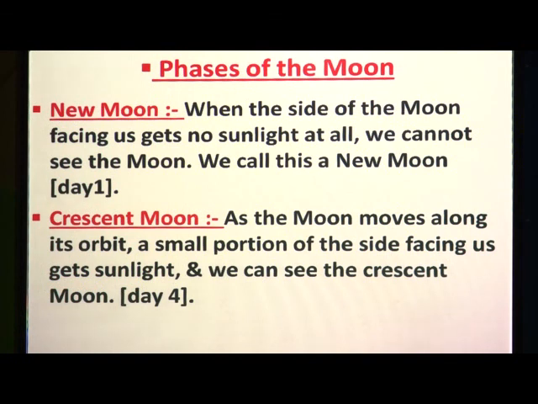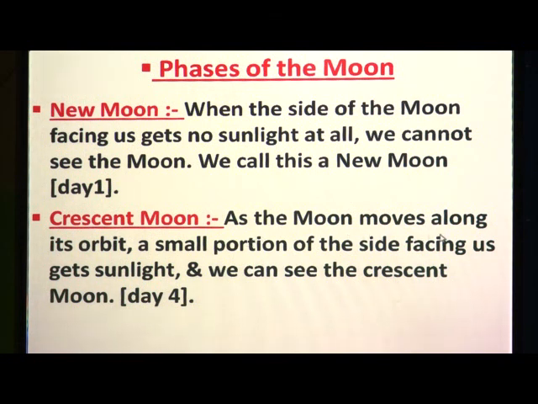Suppose today the moon is going to revolve around the earth. The first day of that phase is the new moon, and at that time we cannot see the moon. We call this a new moon. Afterwards, the next phase of the moon is the crescent moon.